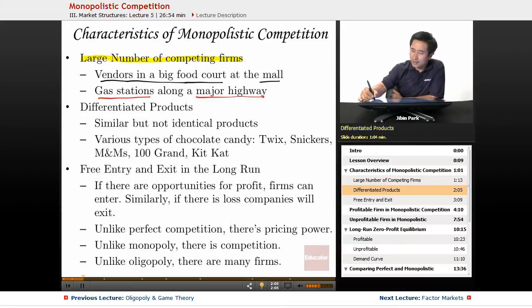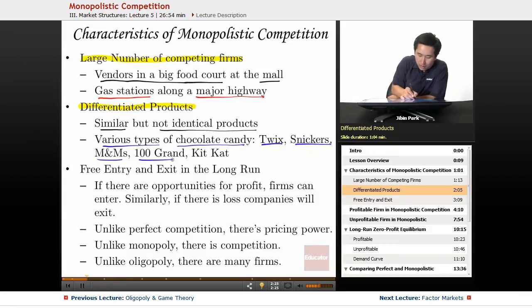The second characteristic of a monopolistically competitive market would be you have differentiated products. So you're not selling the exact same thing. It's similar, but not identical products. So for example, there are various types of chocolate candy. You have Twix, Snickers, M&M's, 100 Grand, or Kit Kat.